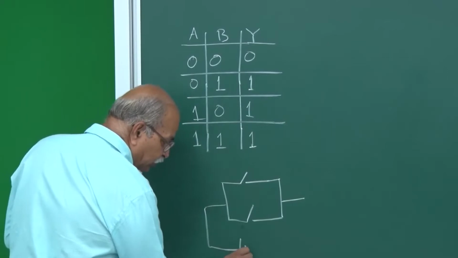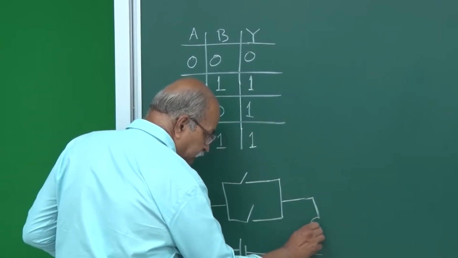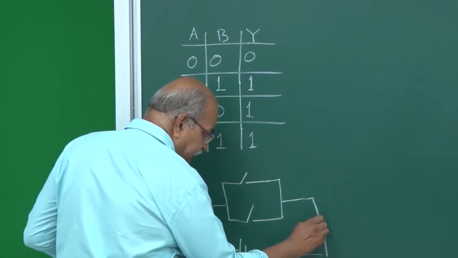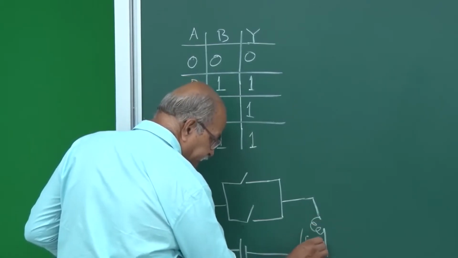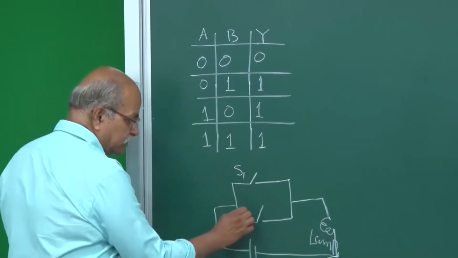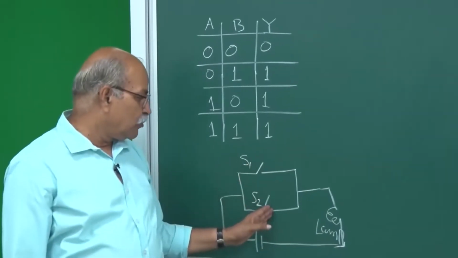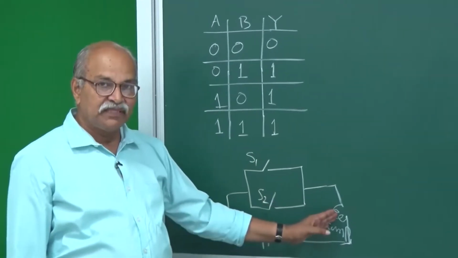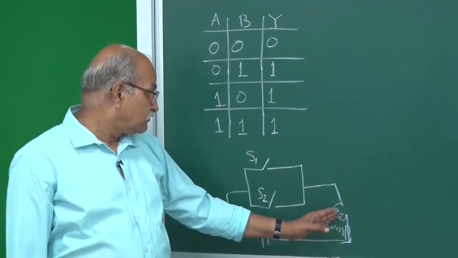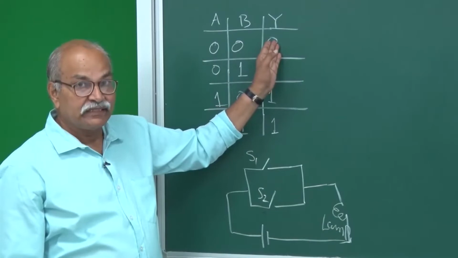Here is the power source, and here is the lamp. So what will happen? If this switch S1 and this switch S2, if both are open, then the lamp is off. So if both are 0, then the output is 0.